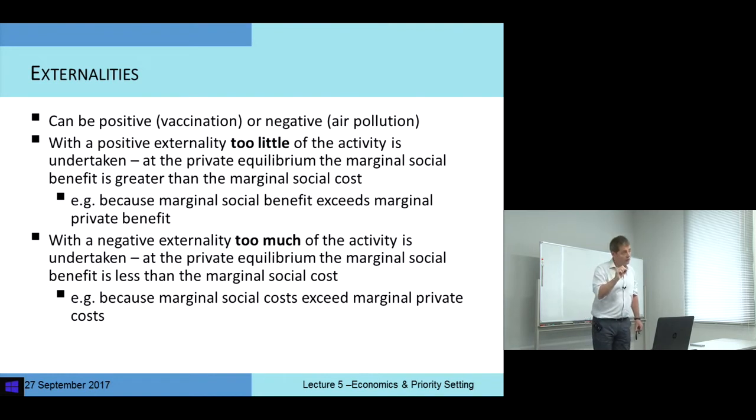But because they're producing these waste products, they're also imposing another cost on everybody else in terms of air pollution. That's part of the social cost, but it's not part of their private cost. They're not thinking about that. So that's a problem, and they push the activity too far because they haven't taken account of all the costs.